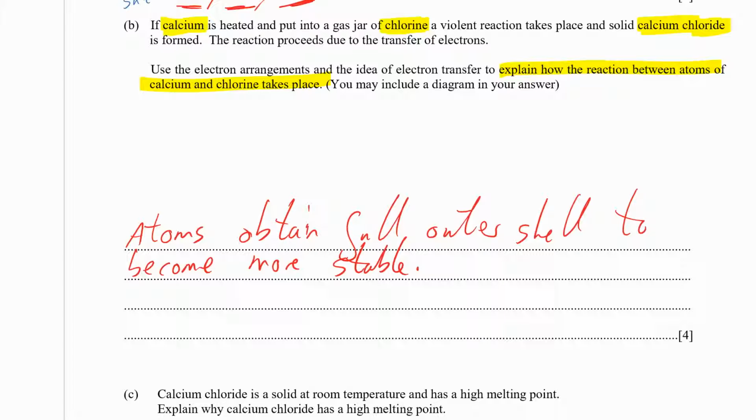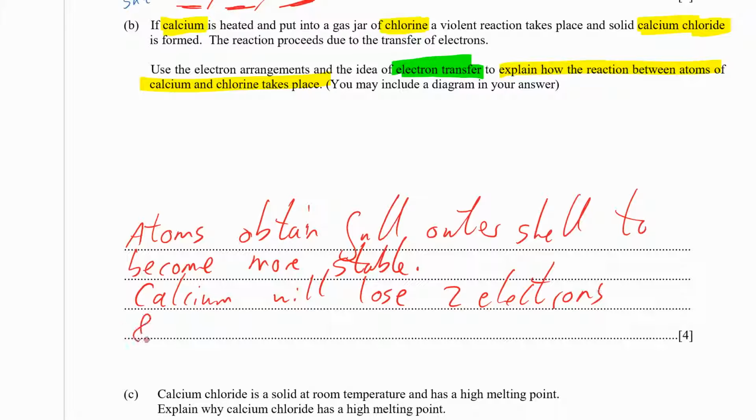Then we need to identify where the transfer of electrons is taking place, because it does specifically ask you about the transfer of electrons in the question as well. So the transfer is calcium will lose 2 electrons, and each chlorine will gain 2, or gain an electron, sorry.